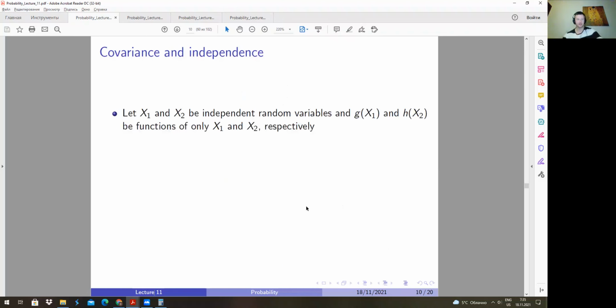Okay, so now we know two concepts: the concept of independence and the concept of covariance. A very important thing is that you shouldn't mix these two concepts together.